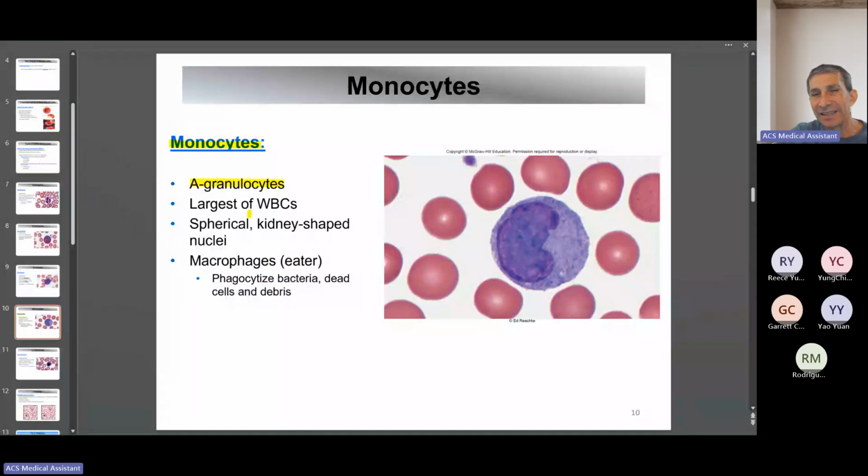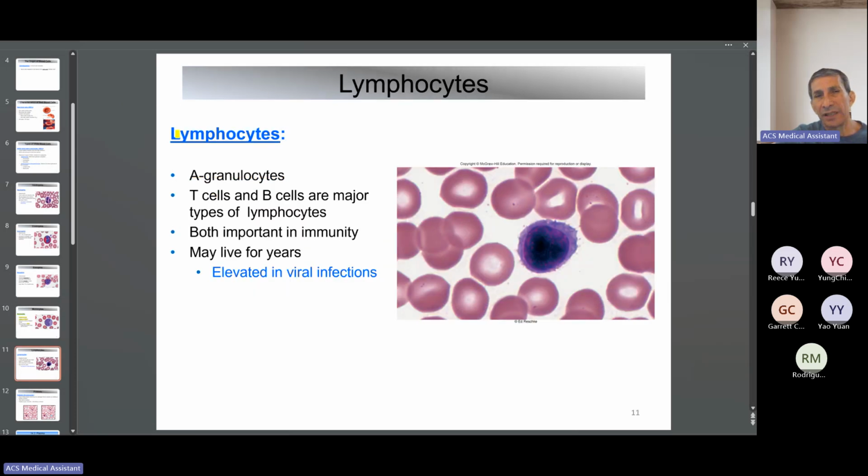Because they eat. They are eaters. They eat everything that they encounter on their way: dead cells, dead tissue, dead microorganisms, wastes, they eat everything. So that's basically what it is. Not much about this.